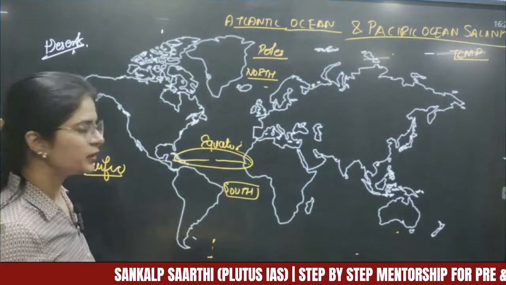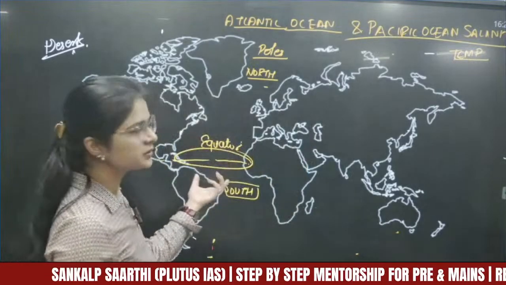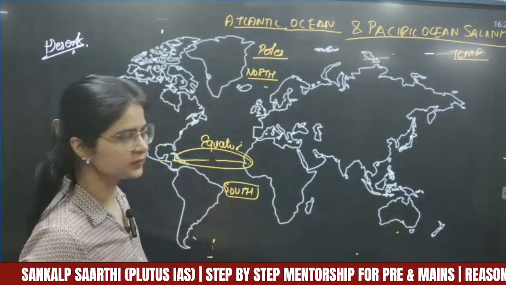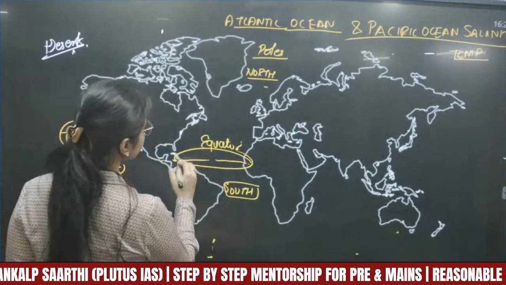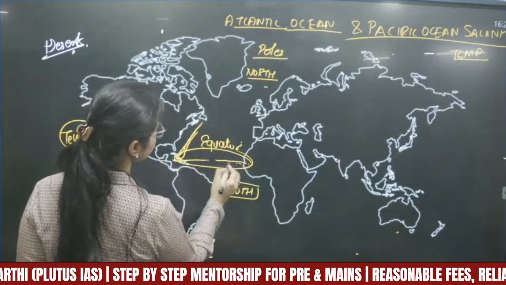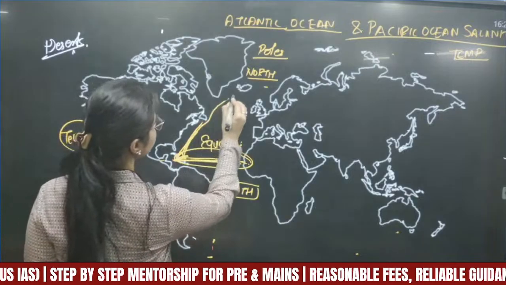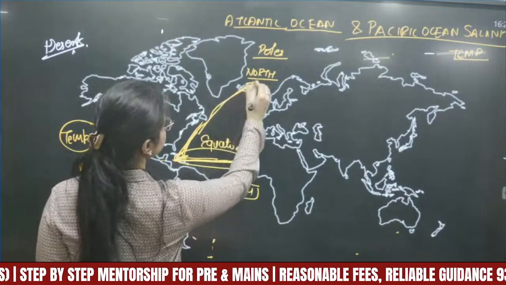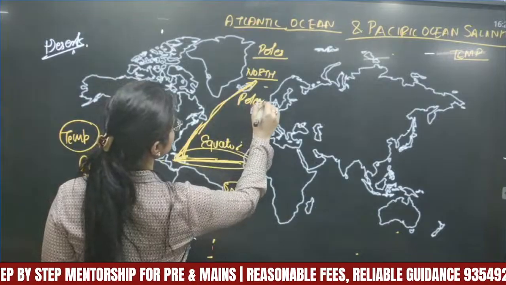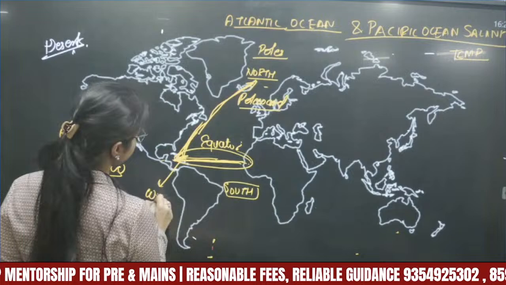Okay. Now, if I talk about the South Atlantic Ocean, what is happening over here? There is a Gulf Stream which is arising from here, right? There is a Gulf Stream which is arising from here and going towards the polewards. Now, this Gulf Stream which is going toward polewards is a warm ocean current.